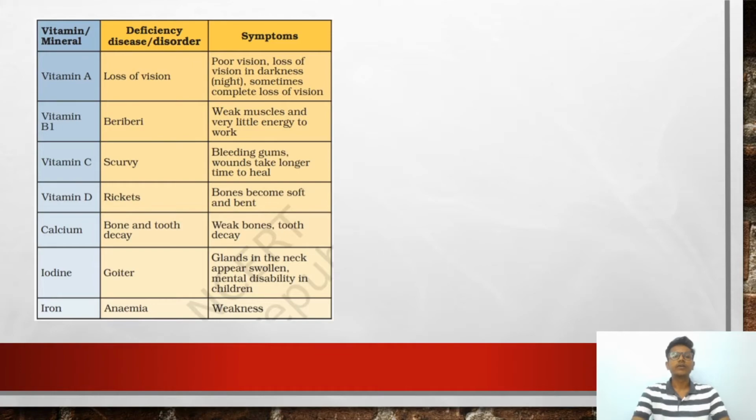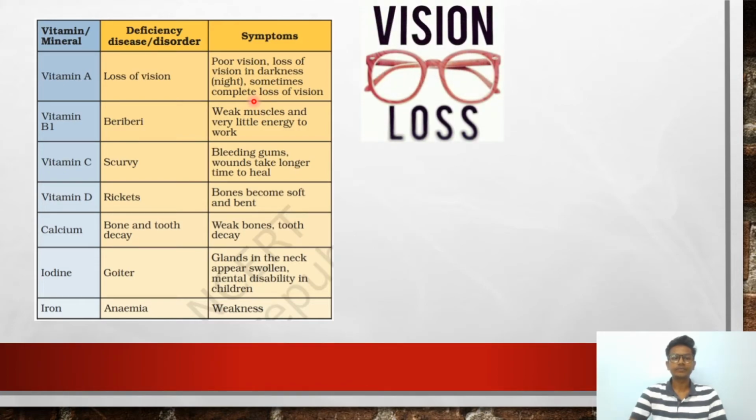So if we have deficiency of certain vitamins, which diseases can be seen in our body? Let's see that. Vitamin A, deficiency of which causes loss of vision. Symptoms are poor vision, loss of vision in the darkness, sometimes complete loss of vision.